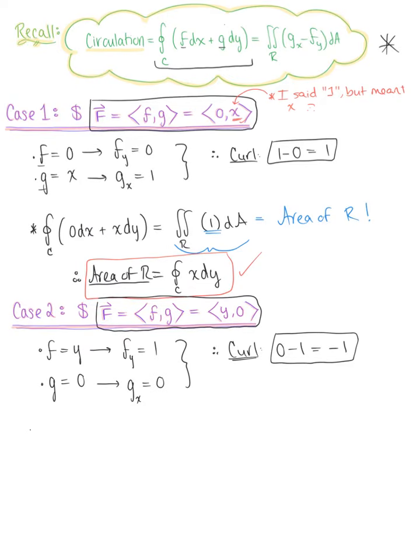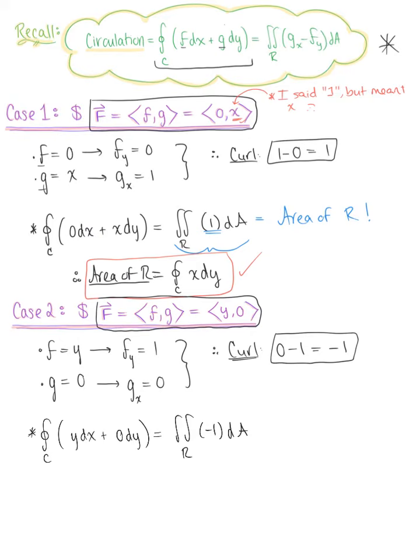By Green's theorem, we have the vector line integral over the closed curve C of f dx, so that's y dx, plus g dy, so that's 0 dy, and this is equal to the double integral over the bounded region R of the curl, which we found to be negative 1 dA.